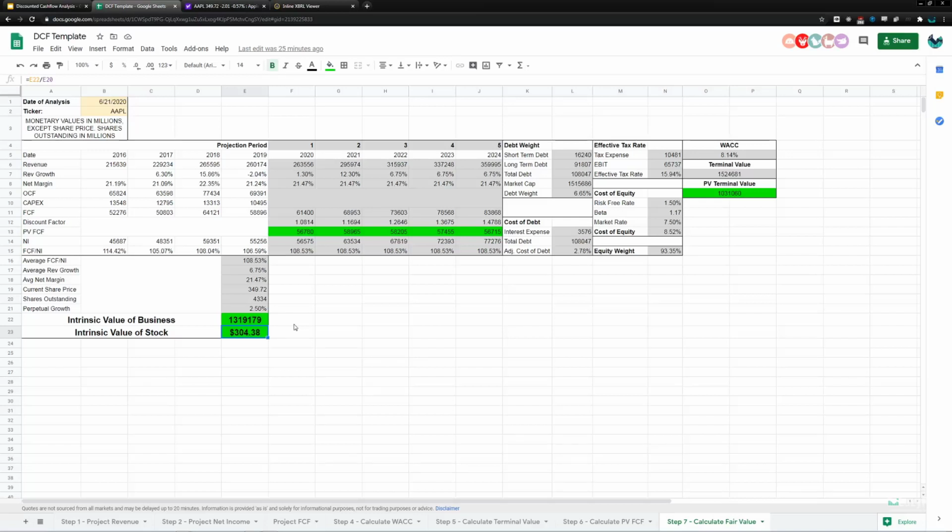So $304.38. Now, we can see that current share price is actually $349.72. So theoretically, this is saying that Apple is a little bit overvalued right now. But that is very dependent on all of these calculations and all of these assumptions, right? What if we assume that Apple only grows by, say, 3% for each one of these years from 2022 to 2024?